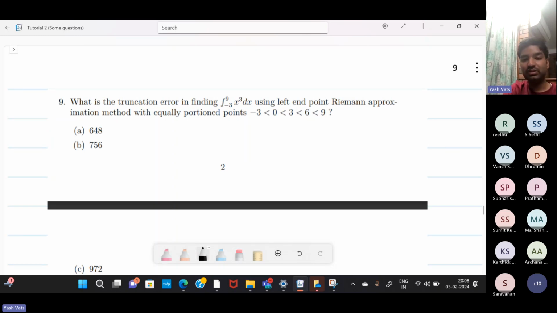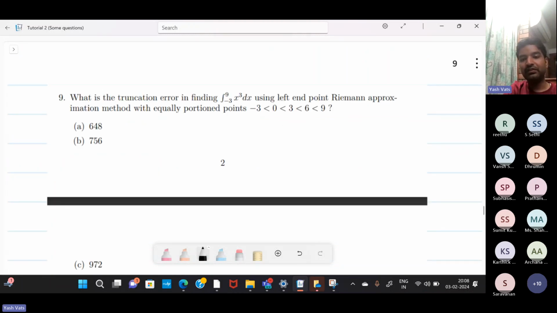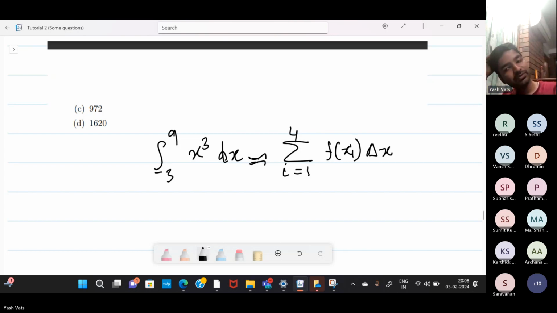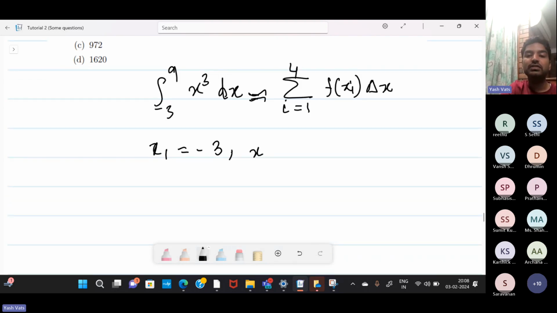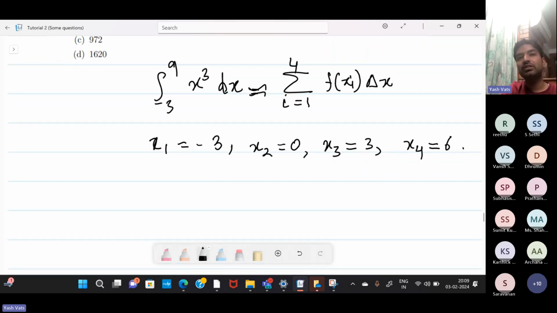It's just 3, because we add 3 each time. There are 4 points, i equals 1 to 4, of f(xi) times delta x. x1 is -3, x2 is 0, x3 is 3, x4 is 6. Is it fine?